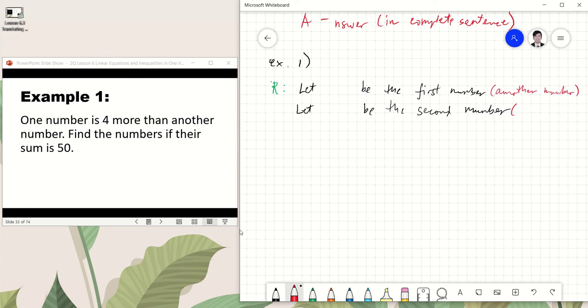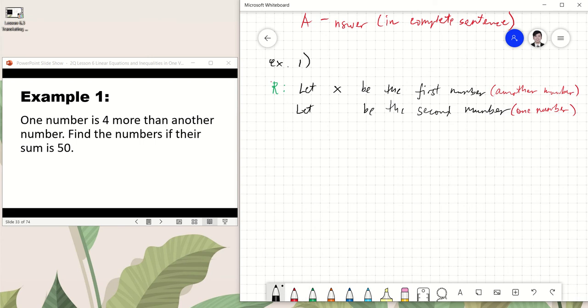At saka yung one number natin is yung second number. So, the one number depends on the another number. So, si another number yung independent. Siya yung magiging x, which is our first number.